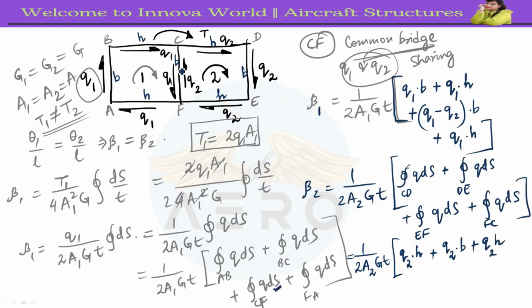Now FC is a common web which is shared by both cells 1 and 2. So when you are finding it with respect to cell 2, you have to give importance to 2. So q2 minus q1, into the length b. This will be your theta 2 value.